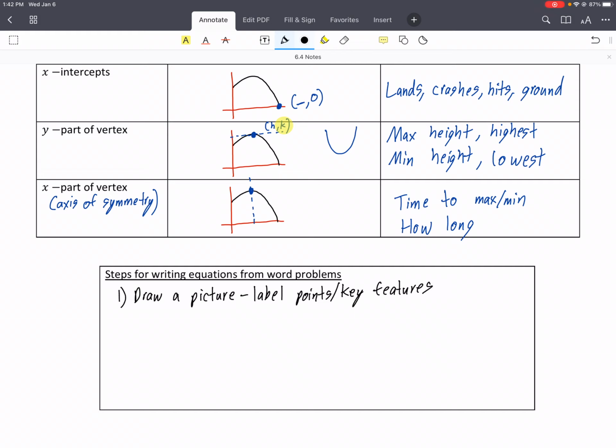It helps you to see what you're going to be using. And then we got to decide what form to use, and that's based on the key features.